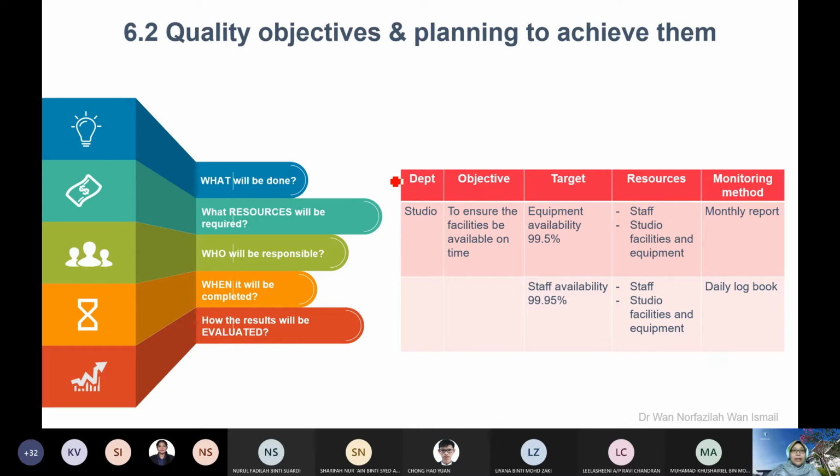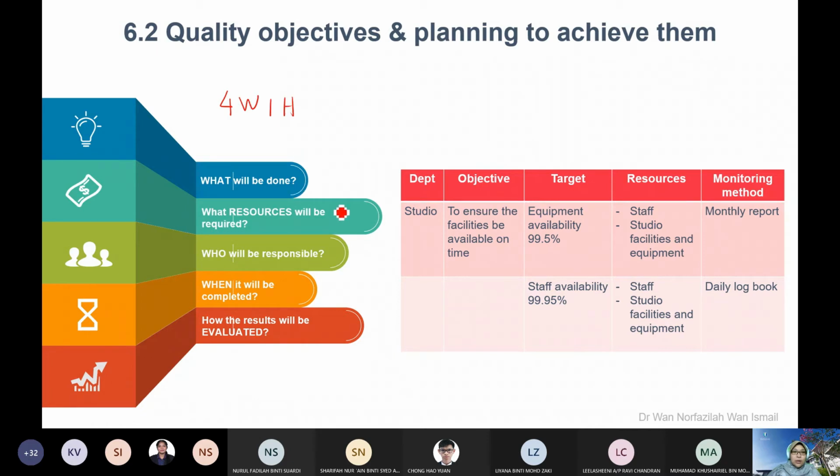So what to consider is what will be done to achieve the quality objective, what resources is required to achieve the quality objective, who will be responsible, when it will be completed, and how the results will be evaluated. These 5 questions, 4W1H, okay, usually in industry we call it as 4W1H.